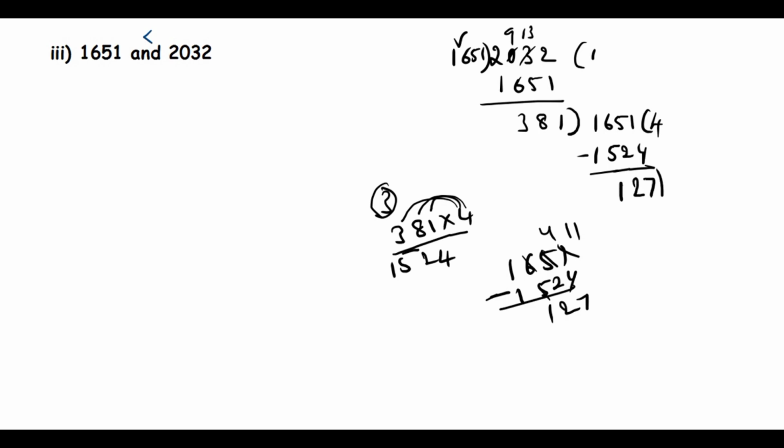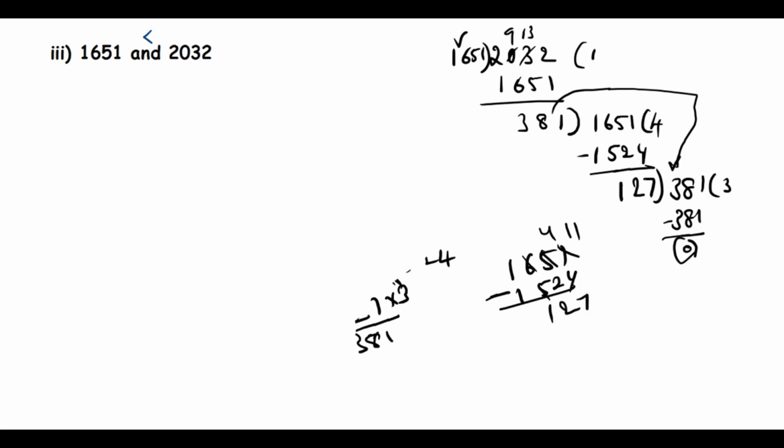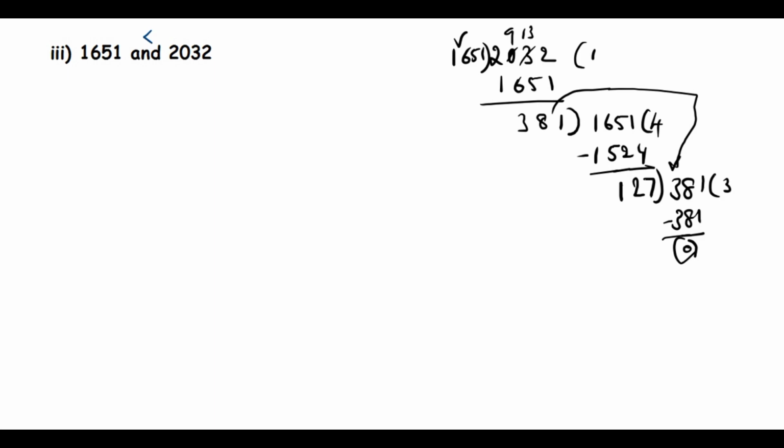Again this 381 should be divided by 127. 127 3 times you check now: 3 7s are 21, 3 2s are 6 plus 2 is 8, and 3 1s are 3, so 381. So it is 3 times. Okay, so the remainder is 0.